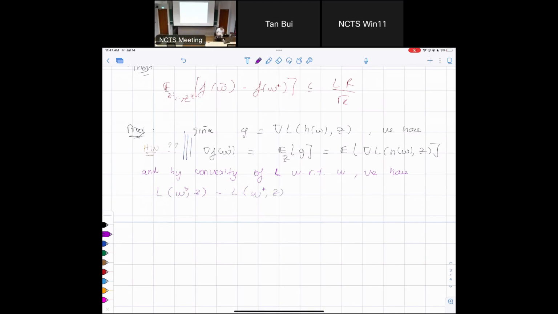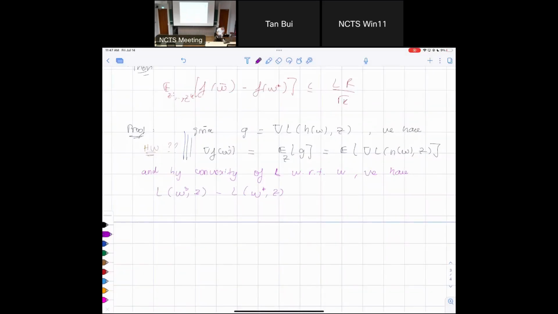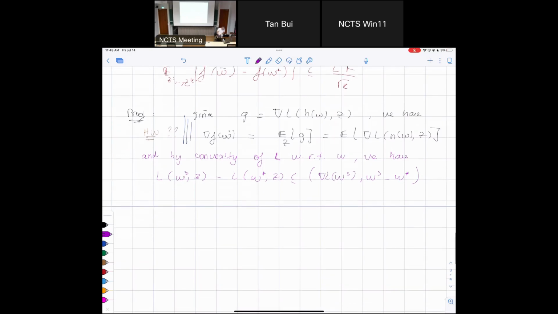By convexity, this is less than or equal to the gradient of L at W_S times W_S minus W star, by convexity of L. Okay, let's remember that we proved that before.